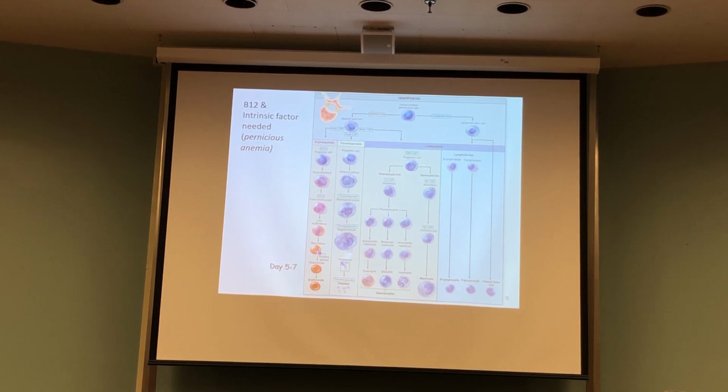It takes about 5 to 7 days to get to that level of development. It's pretty rapid progression of cell cycles. So we're going to have our myeloid stem cell create a progenitor cell, multiple rounds of generations. Finally, we get to what's called a normoblast, where it ejects the nucleus. Once it's gotten rid of the nucleus, we now refer to it as a reticulocyte, which is an immature red blood cell.